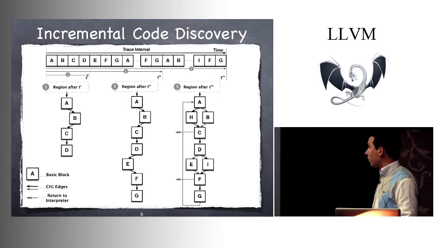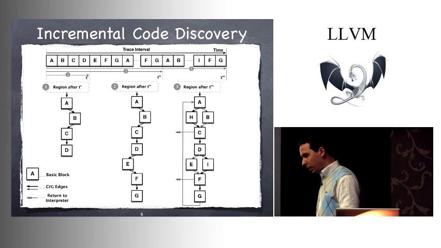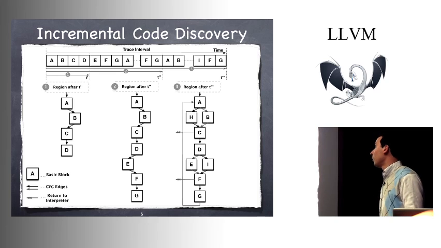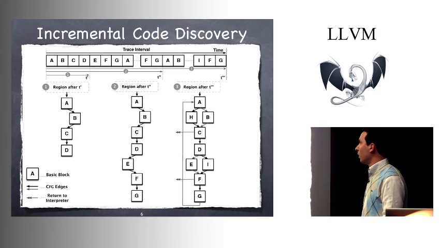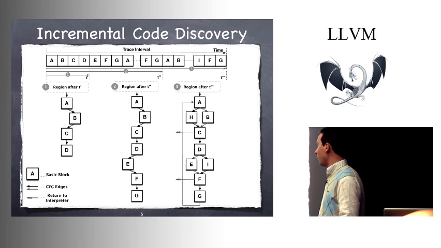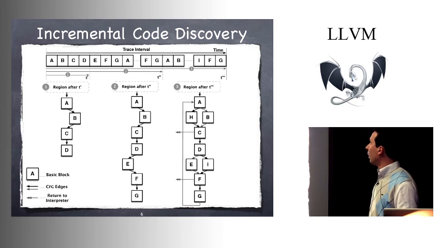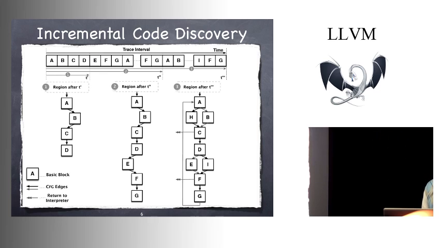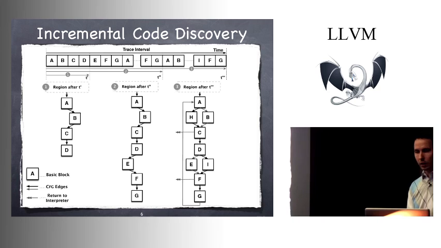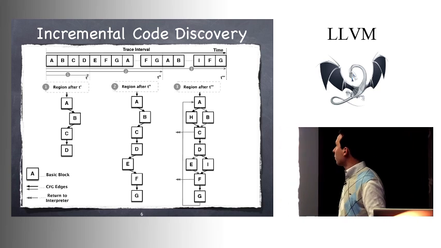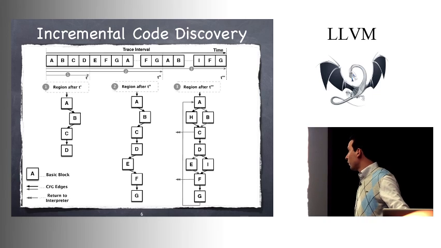So how does our code discovery work? As I said, it's incremental. If you look at this timeline over here, we have this trace interval. We like to call them trace intervals, and I'll get in a moment to why we call them that. Here you see a sequence of interpreted basic blocks. The way we discover code and profile it is that we store basic block entry points and control flow edges.